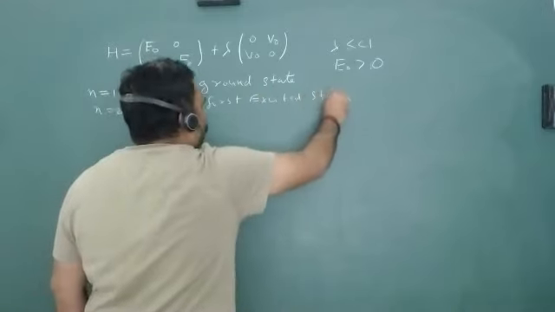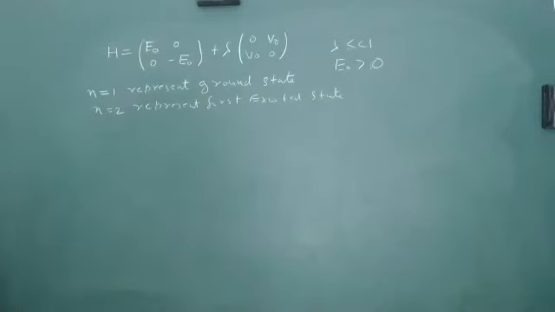Okay, because I am making some hypothetical calculation. So N is equal to 1, I have given this is for the ground state, and N is equal to 2 is for the first excited state.